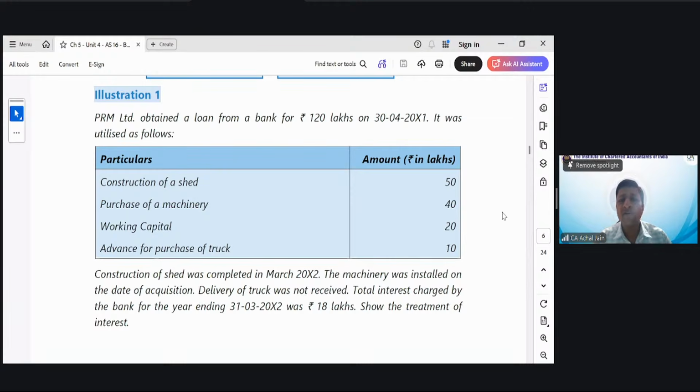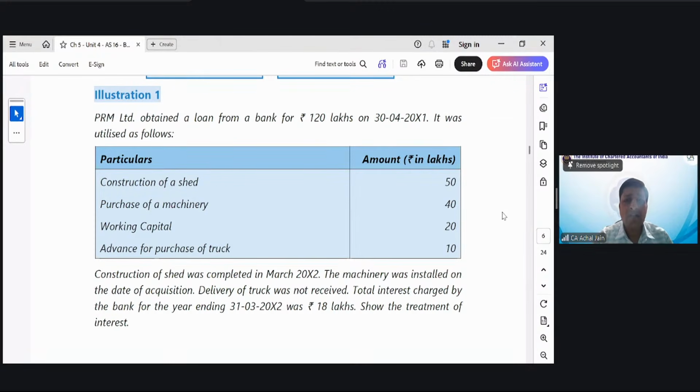Now, in the given question, I can understand your confusion. You are saying that the loan was taken, and from the date the loan was taken, the construction period that you consider comes out to be less than 12 months. But you don't know when this construction starts. Do you know that? Answer is no.